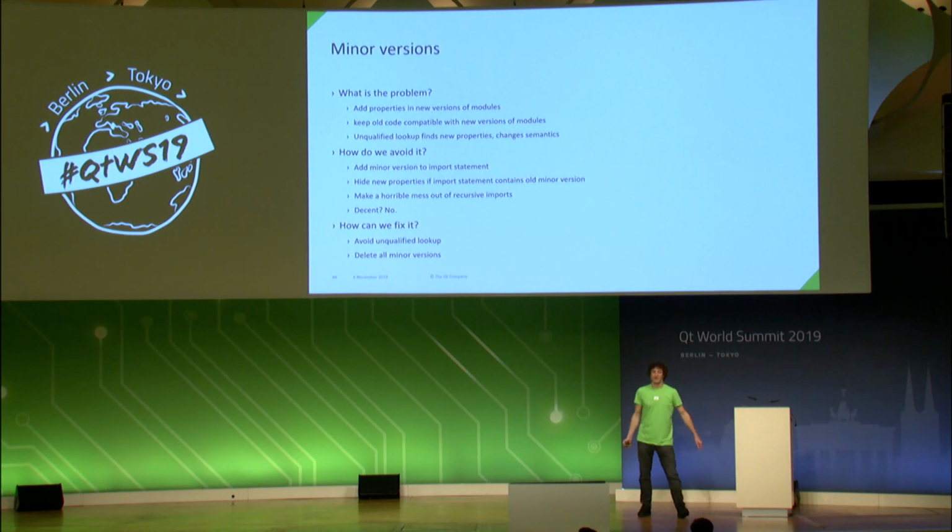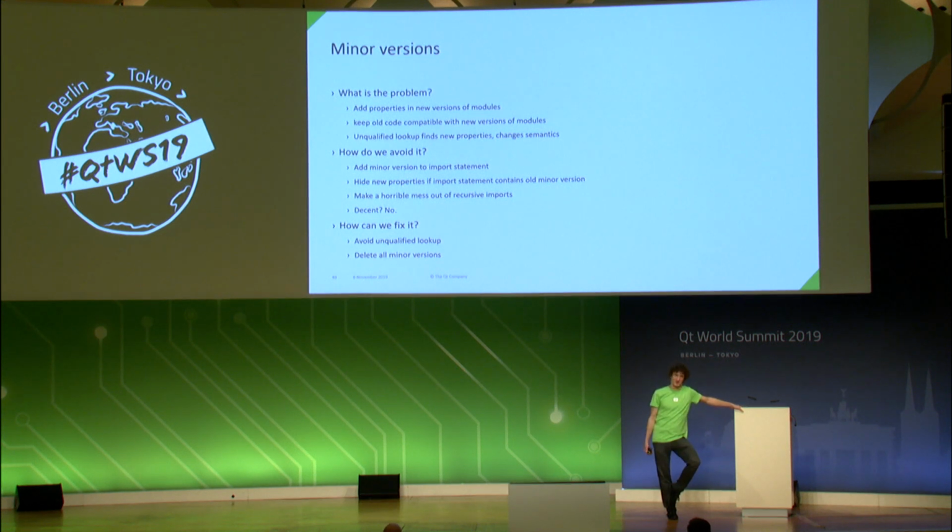So again, what's the problem? We add properties in new versions of modules. We want to keep the old code compatible with new versions of modules. We have unqualified lookup, and that unfortunately finds those new properties, and that's a problem. How do we avoid it right now? Well, our funny versioning system, we've had that before.